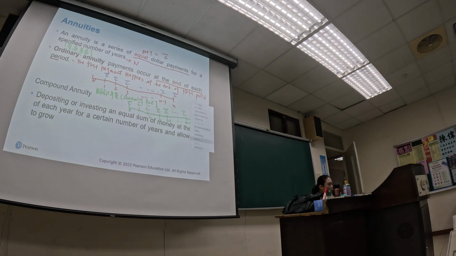So you really have to pay attention to the differences in these two cash flows. Ordinary annuity starts from 1, ends at n. Annuity due starts from 0, ends at n minus 1. That's their difference.